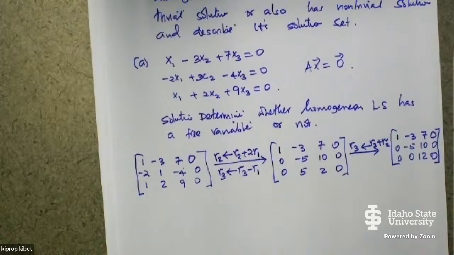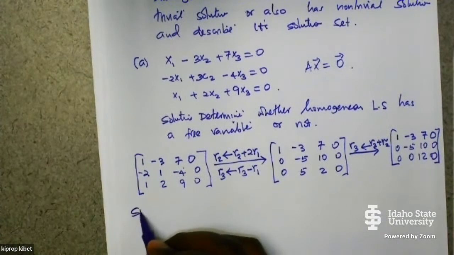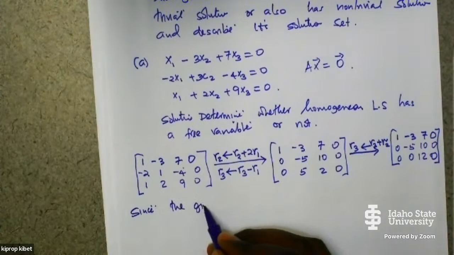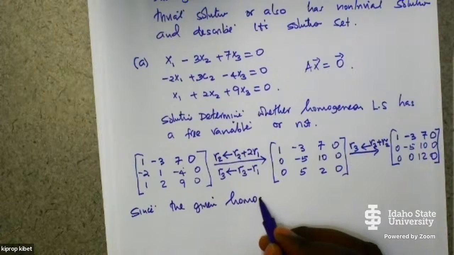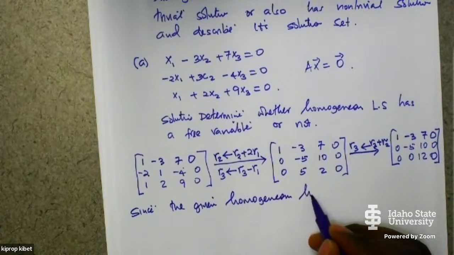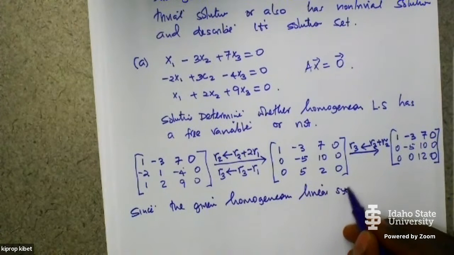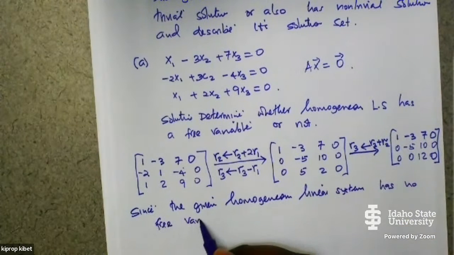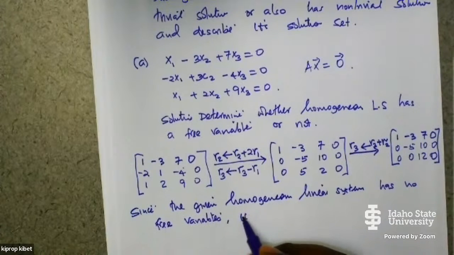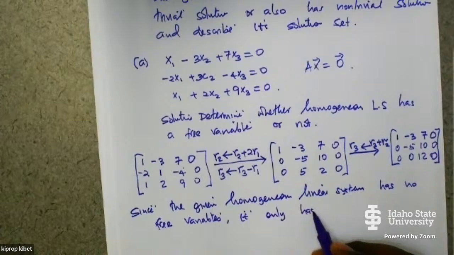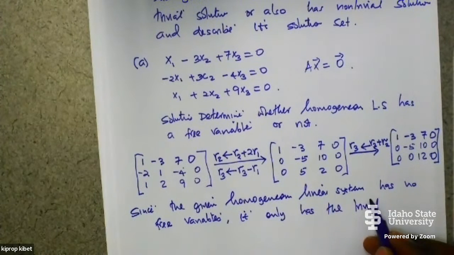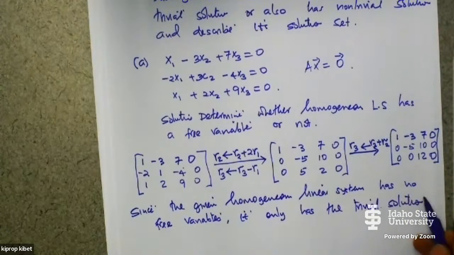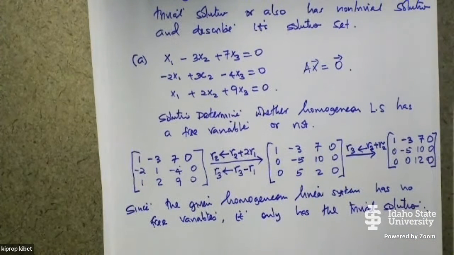So since the given homogeneous linear system has no free variables, it only has the trivial solution.